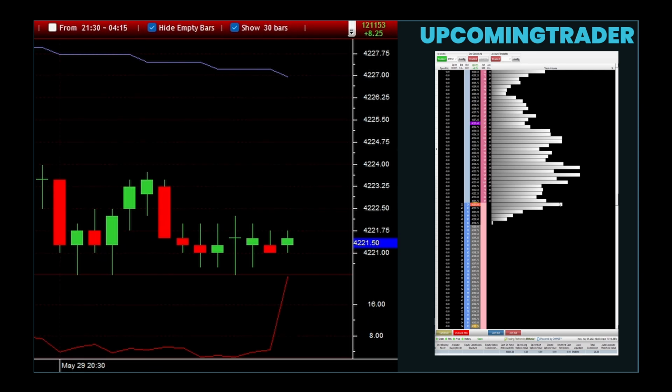We also explored a variety of important chart patterns. We discussed reversal patterns like the head and shoulders, double tops, and double bottoms, that help signal when a trend may be changing direction.